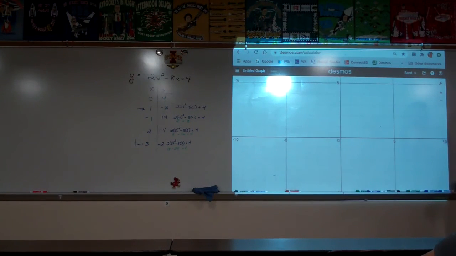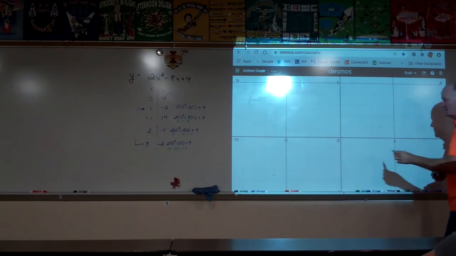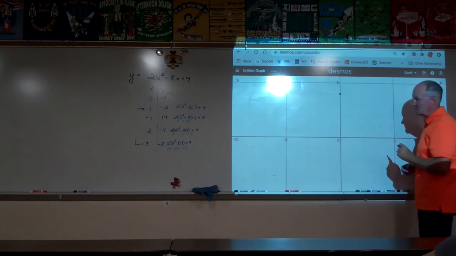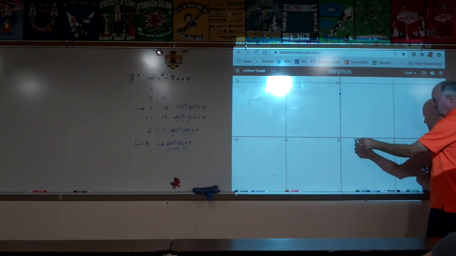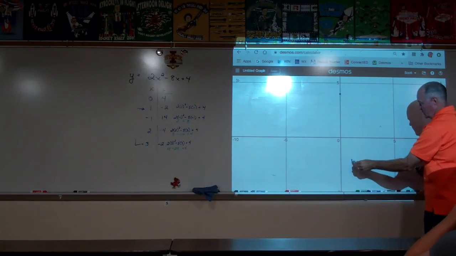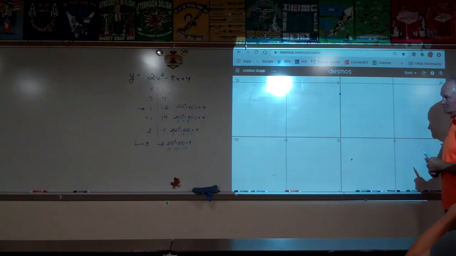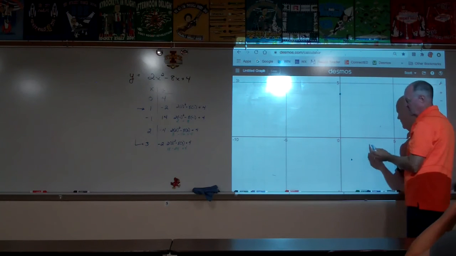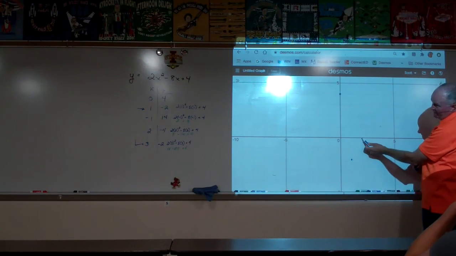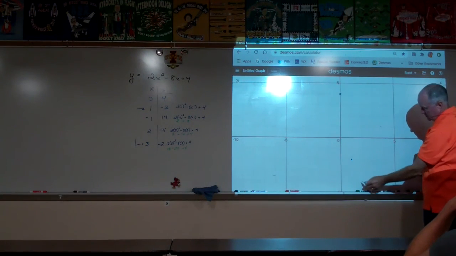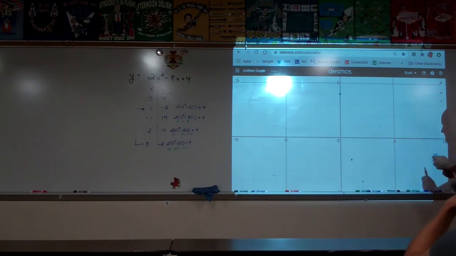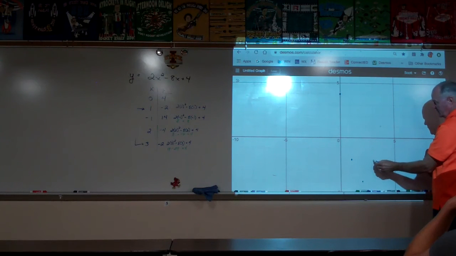I might not be able to plot negative 1, but that's okay. 0, 4. 1, negative 2. Negative 1 would be way up there. Don't want it. So I'm going to do 2 is what? Negative 4. And then 3 is negative 2.